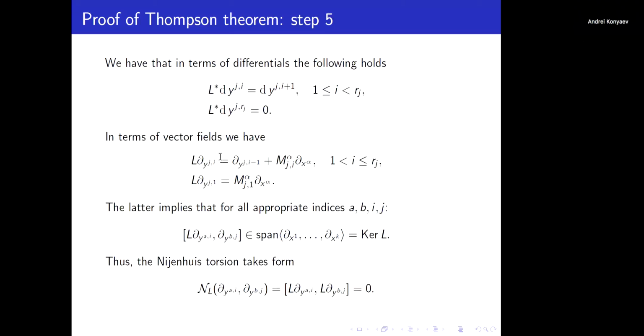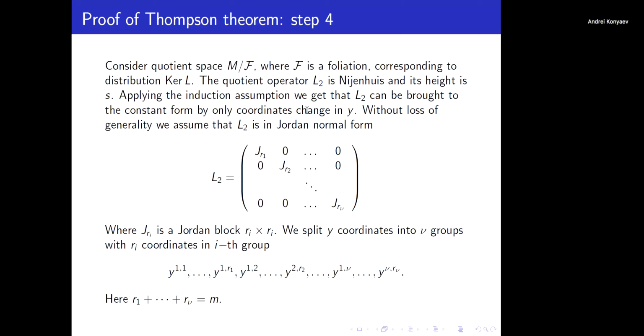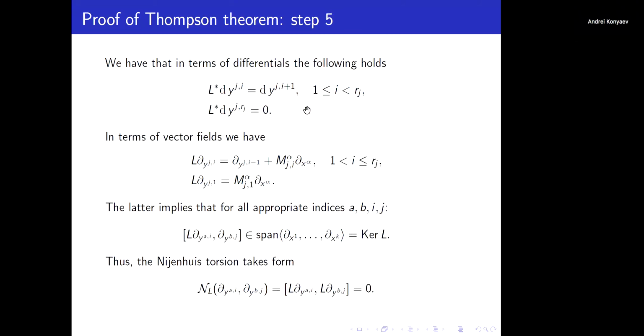Here it is. We see that it's also rather simple: the Jordan block increases you, and you have this matrix M, which comes from the upper notation on the upper side. So in these coordinates, we see this condition holds, and we see this condition holds. They're actually quite similar.